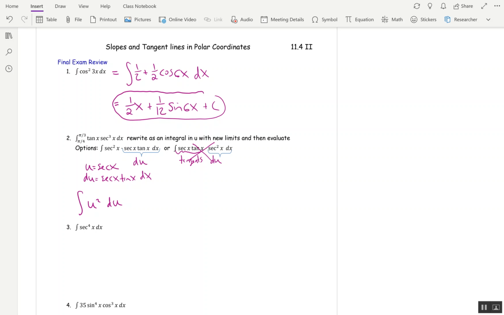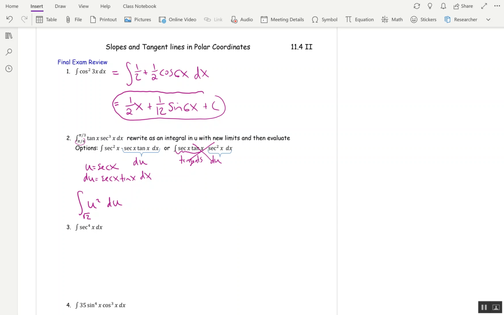Now let's change our limits. When x is pi over 4, u is secant of pi over 4, which is root 2. Secant is 1 over cosine.